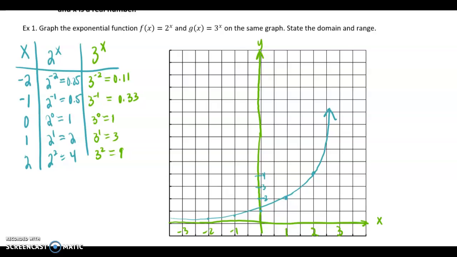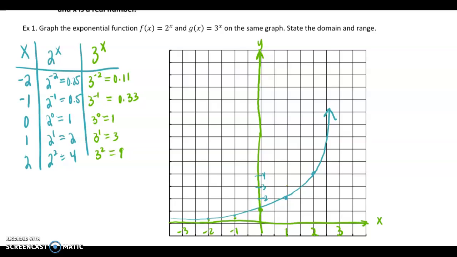So there's my first graph, which is 2 to the x, and then we're going to do 3 to the x. So the first point is -2, 0.11, so a little bit below that one. And then -1, 0.33, so a little bit below that one. Then we have 0, 1.